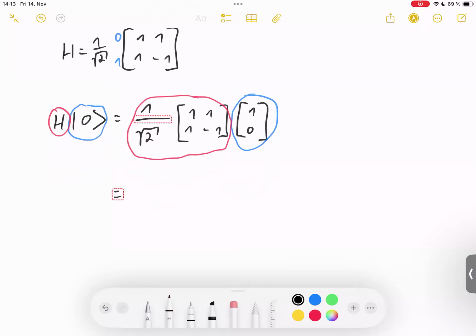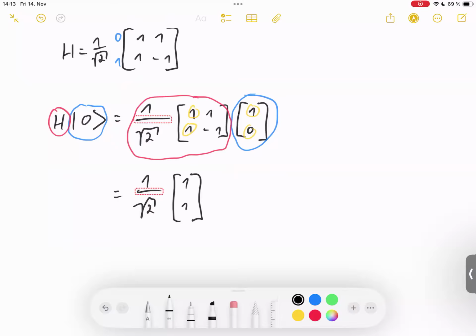If we leave this constant factor out, we multiply this one with this one and with this one, and the other entries are 0 anyway. So what we get is 1, 1.